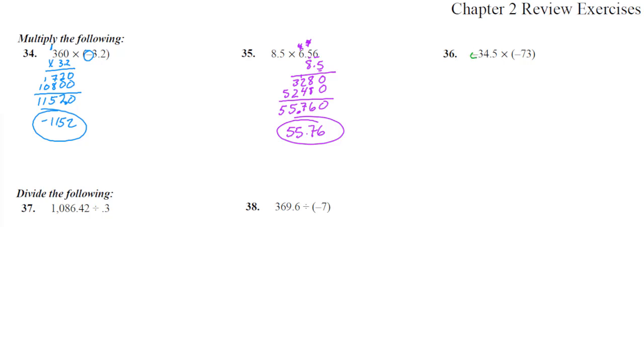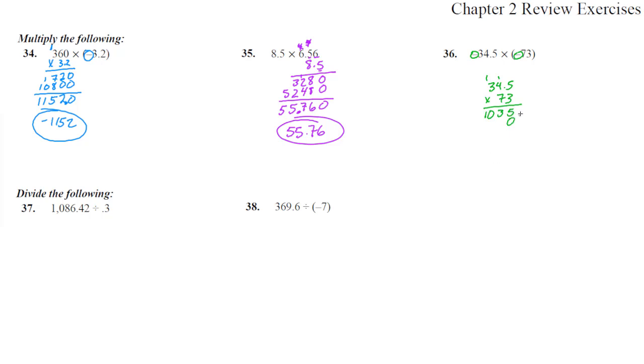Negative times a negative. That's a positive. So our answer is going to be positive. So we can just do 34.5 times 73, and we're good to go, because negative times negative will be positive. 3 times 5 is 15. 3 times 4 is 12. Plus 1 is 13. 3 times 3 is 9. Plus 1 is 10.